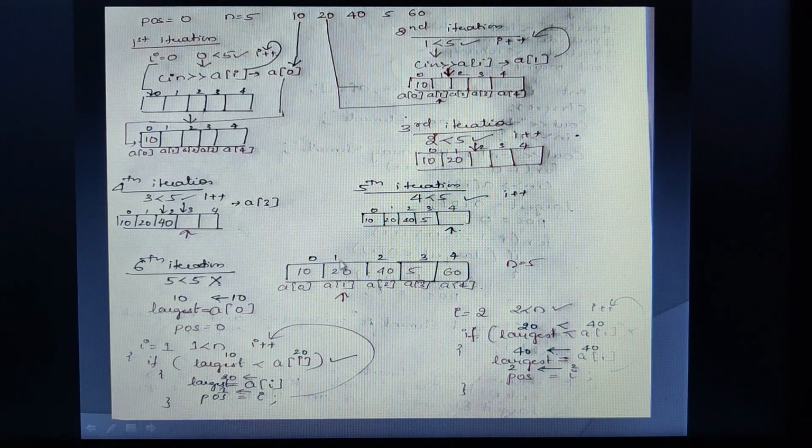Plus we also need to copy its location. Where is its location? The location is held by the variable I. Therefore I is also moved into position. I is right now holding 1. Since we are moving the value of I to position, position also points to the location 1. So position is holding 1. I hope you all are understanding.